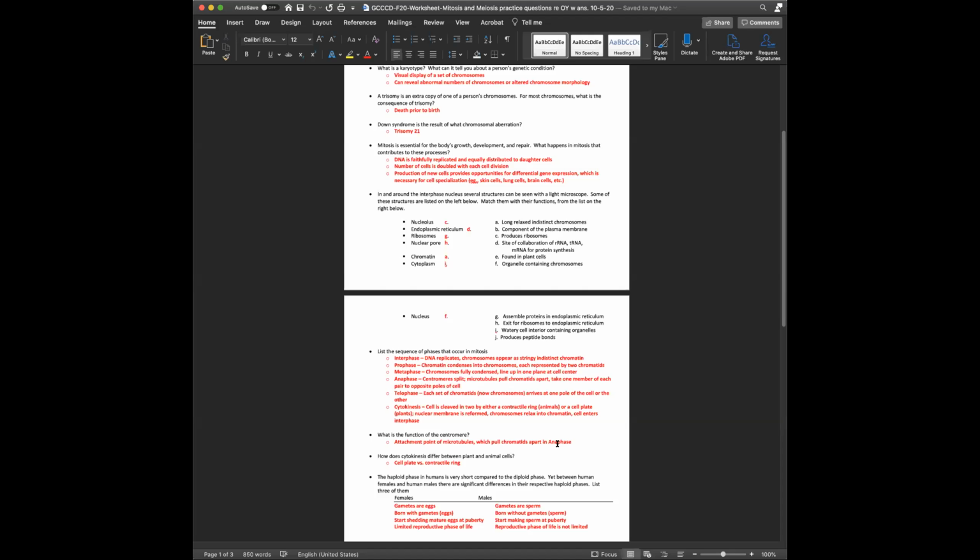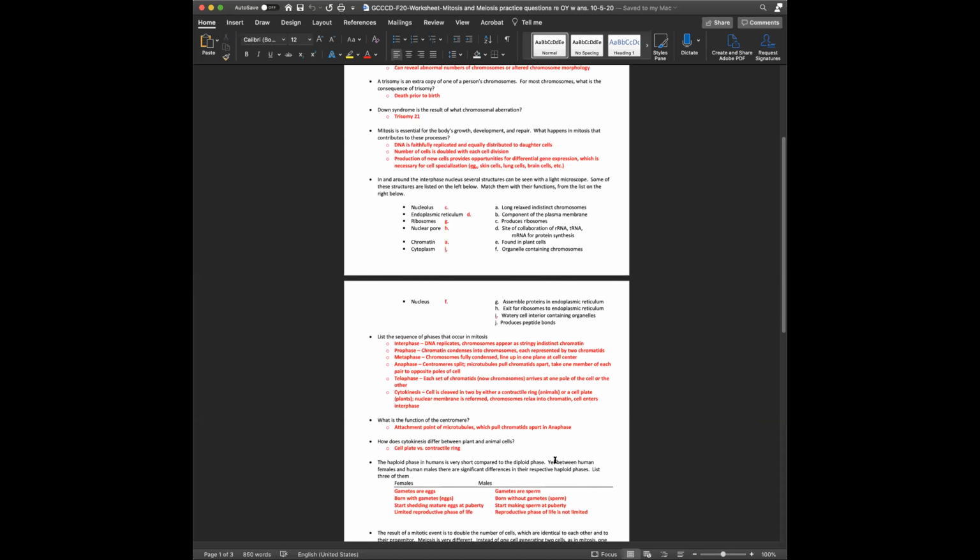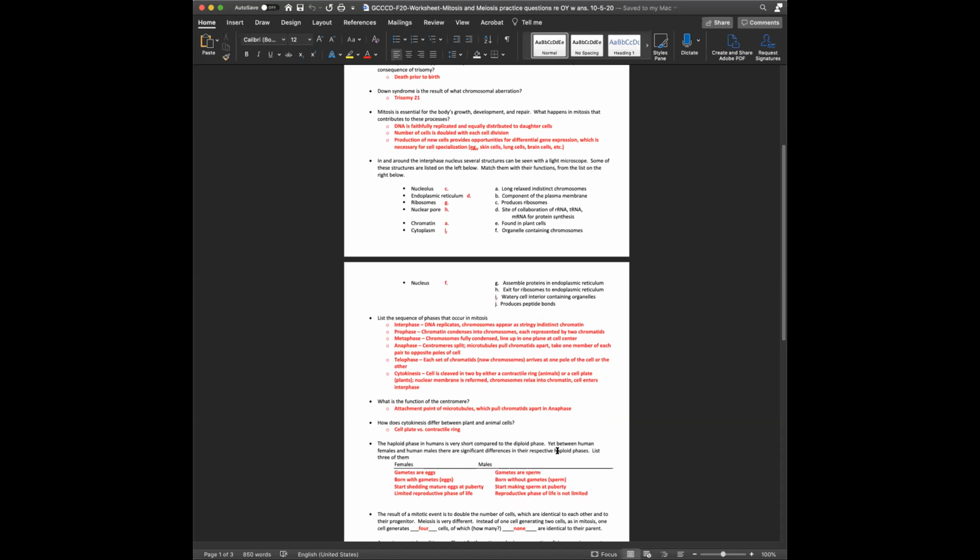Meiosis occurs in the testis to make sperm, or in the ovary to make eggs. And you end up with these haploid cells. And so what's the difference between males and females during their haploid phases? Well, one is obvious. Females make eggs, males make sperm. In both cases, they're called a gamete.